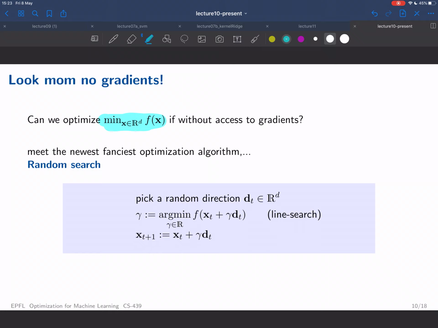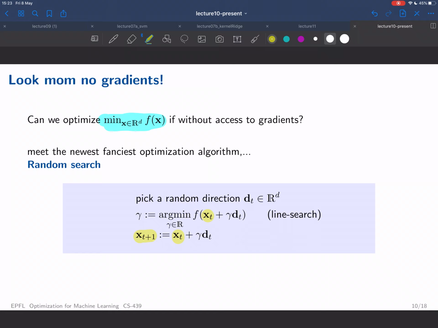Can we do it? Here is the method, and it's basically quite a naive method. It's just random search. What you do is, I'm at x_t currently, and I walk in a random direction in space from my current x.